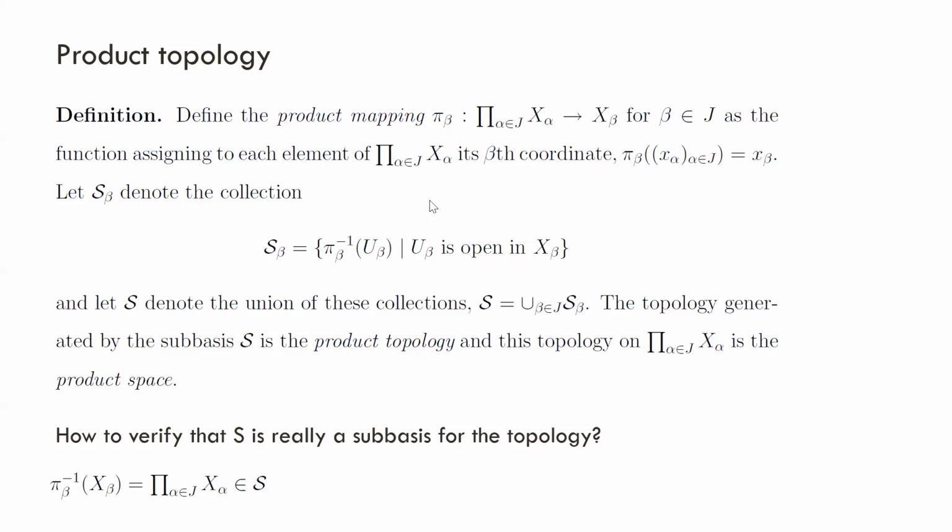To prove it's a subbasis, we need to prove that, let's call it X, which is the topological space, can be covered by this product, or its collection can cover X. But now we have already proved that it is equal to X, so it's a subbasis. So here, this is a subbasis.